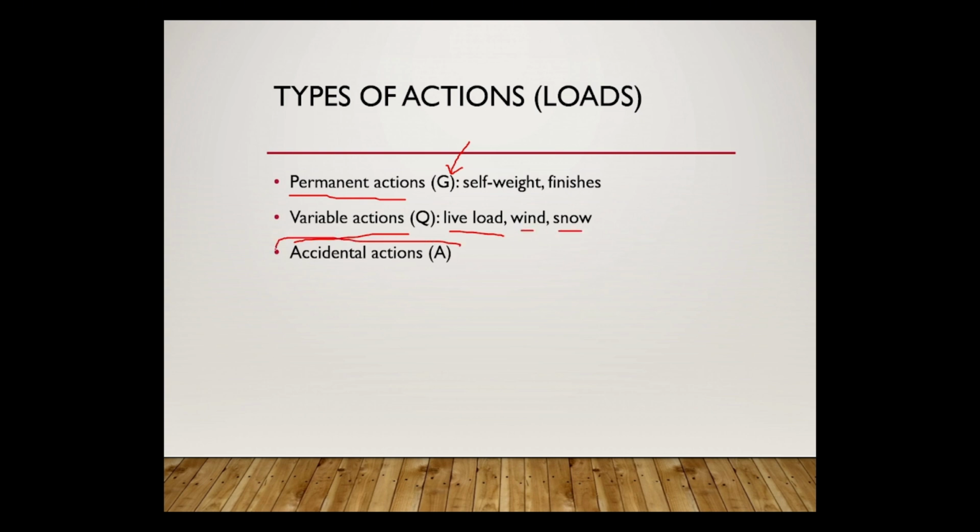And also there are accidental actions, which most of the time are like explosion loads, the kind of load that has been mostly ignored in other constructions, but in the Eurocode it has been included, so we have to include it also when we are doing the design.